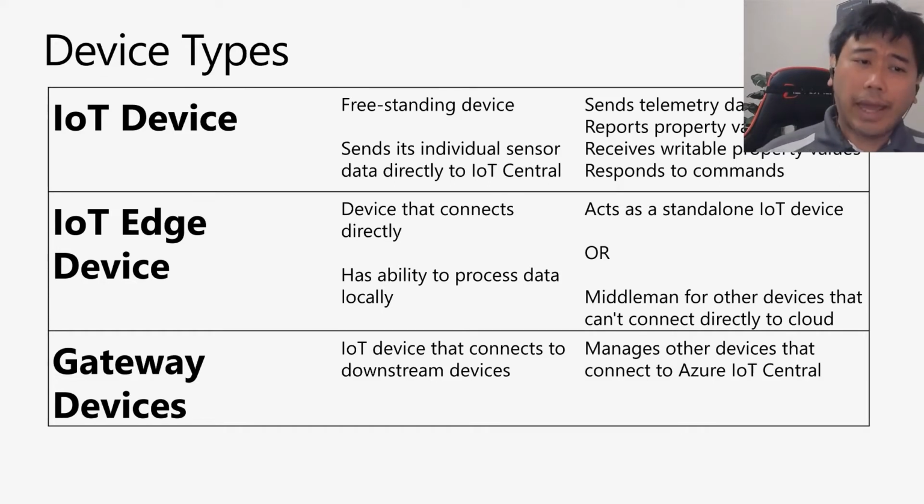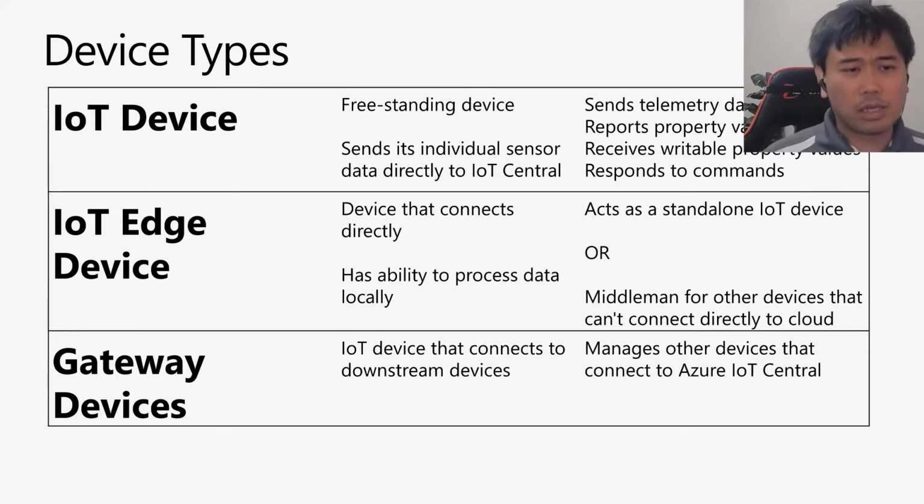An IoT Edge device also directly connects to IoT Central. The difference is it has the ability to process more data locally, so you can typically build containers or Docker images running on that edge device and process that data, maybe some machine learning data. It does act as a standalone IoT device, or sometimes it becomes a middleman for other devices that can't directly connect to the cloud.